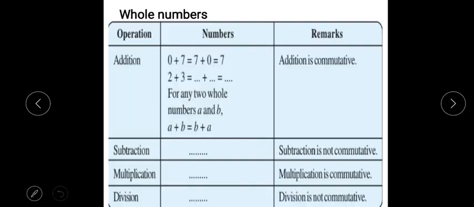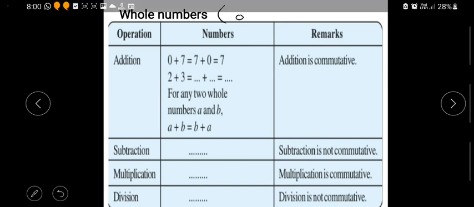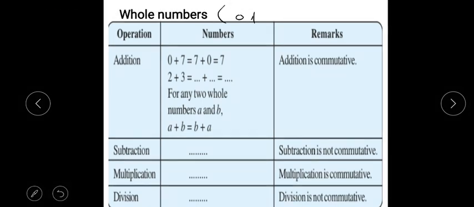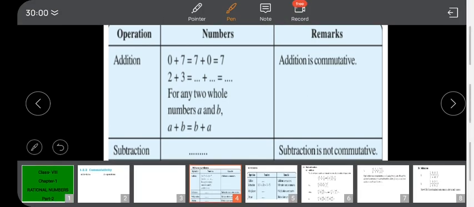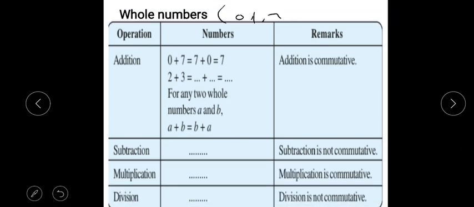Beginning with whole numbers. We know that whole numbers start from 0, 1, 2, 3 and so on. So let's see whether addition is commutative for whole numbers or not. If we add any two whole numbers in any sequence, the result would always be the same.